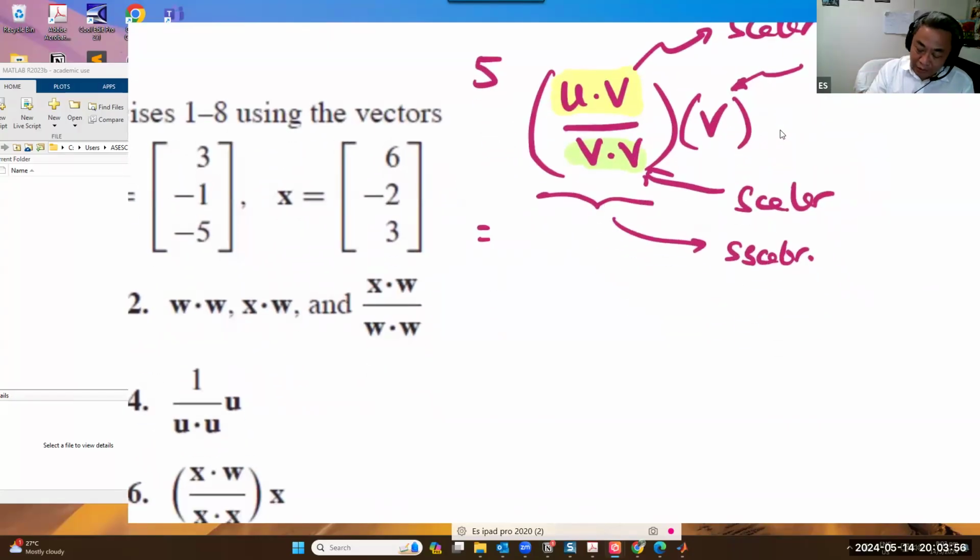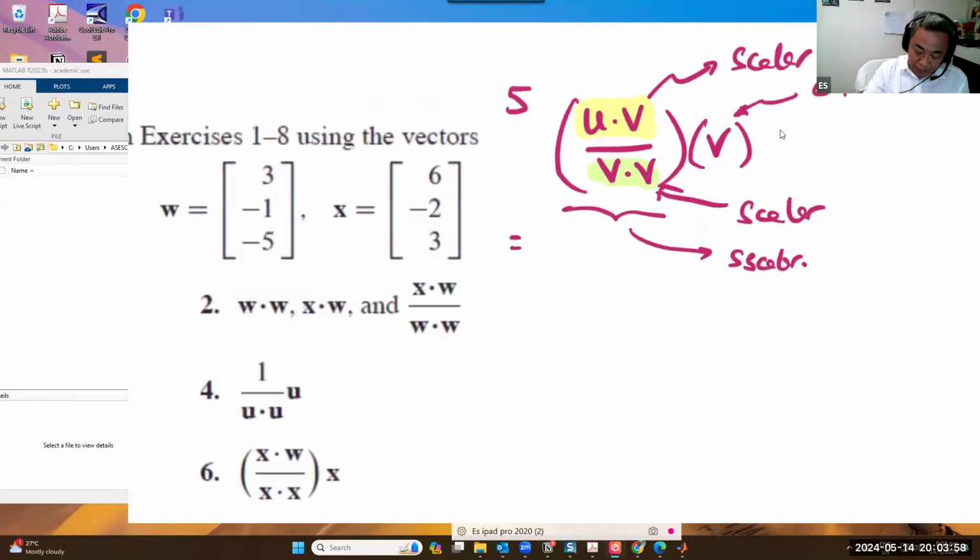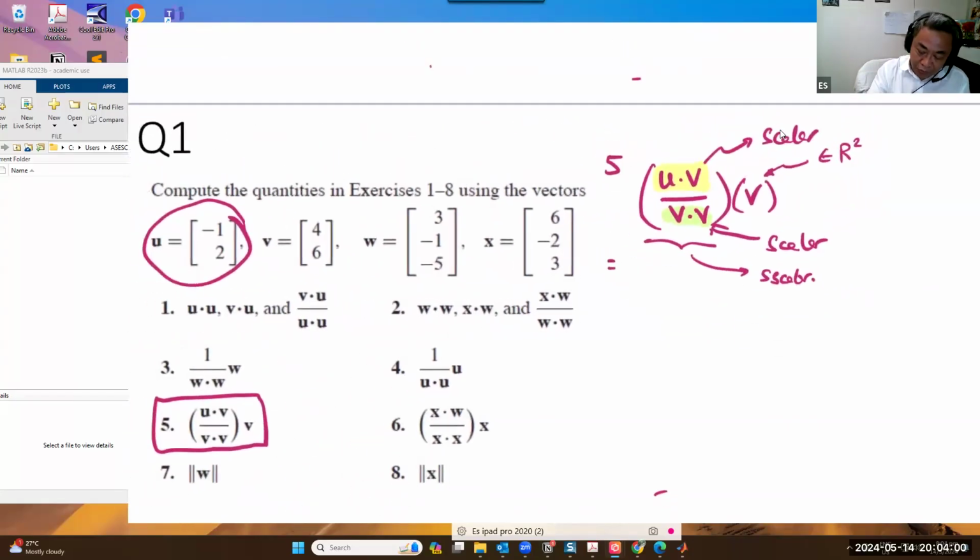Okay. So let's try. Let's do the simplest U dot V. Remember, there are 3 ways to do U dot V. We'll always use the simplest. U dot V equals, I will just write -1, 2, 4, 6. So I'm writing it as U transpose V. And this is, of course, -4 plus 12, and the answer is 8.